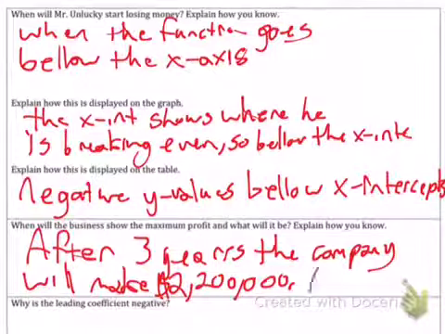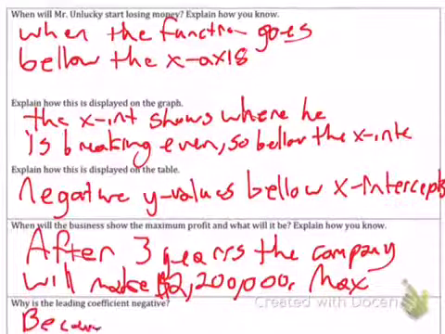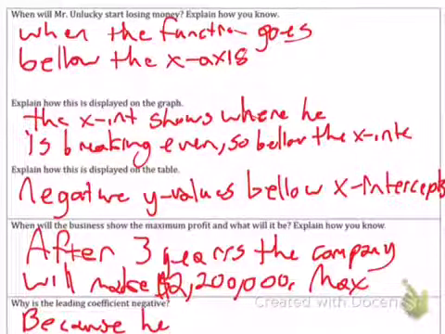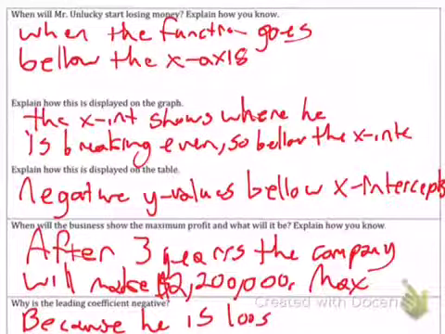And I know this because that's the maximum point. Why is the leading coefficient negative? Because he is losing money.